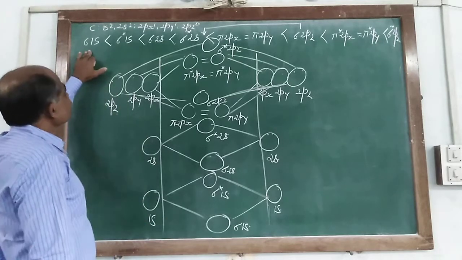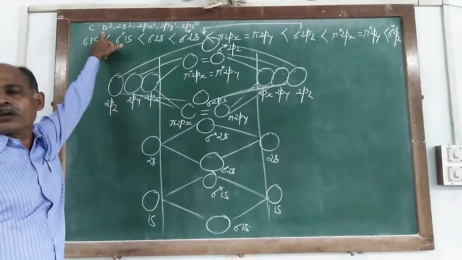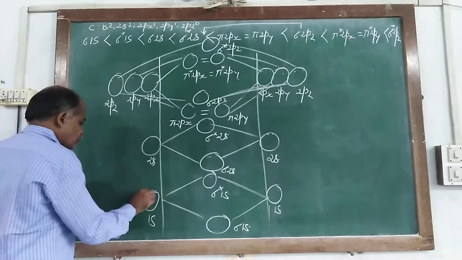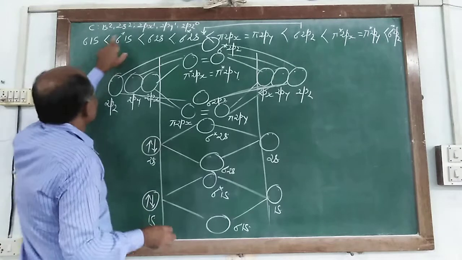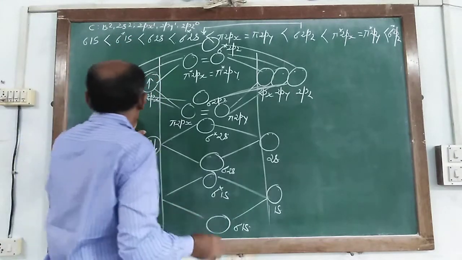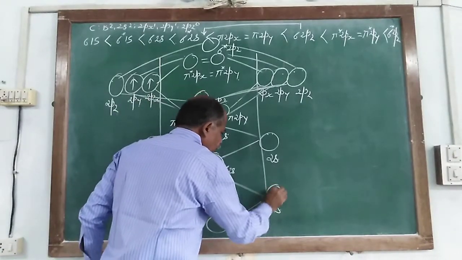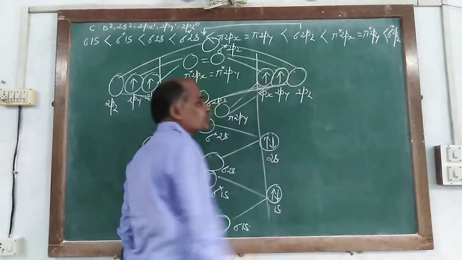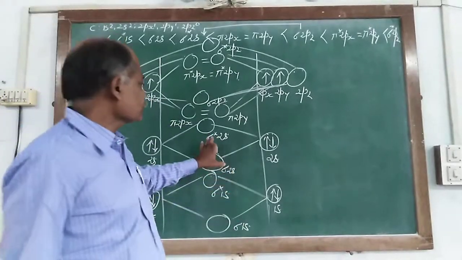Now the electronic configuration of each carbon atom: the 1s has 2 electrons, the 2s also has 2 electrons, and 2px has 1 electron and 2py also has 1 electron. Each of the two p orbitals has 1 unpaired electron.